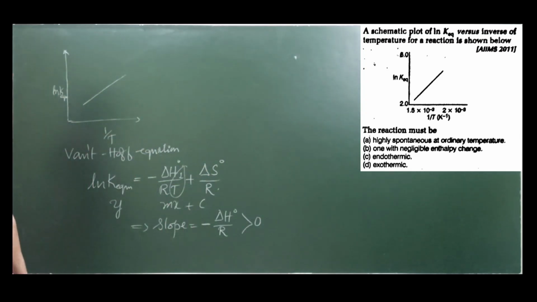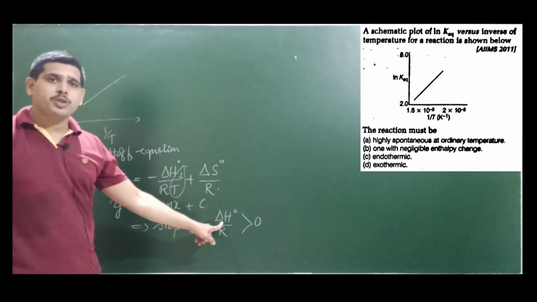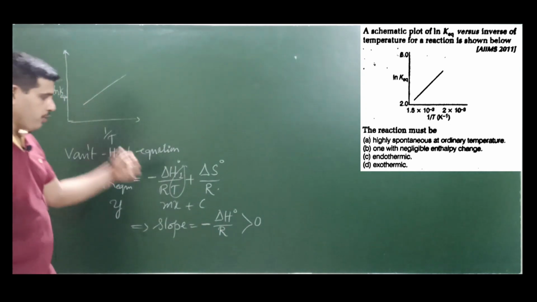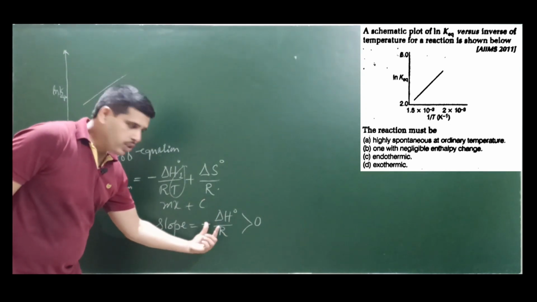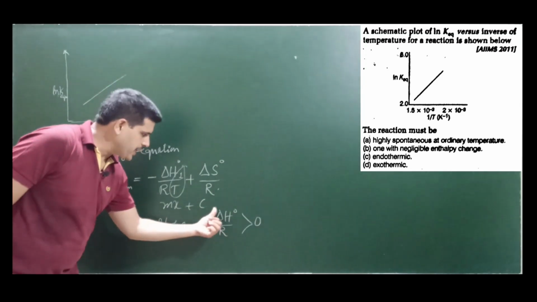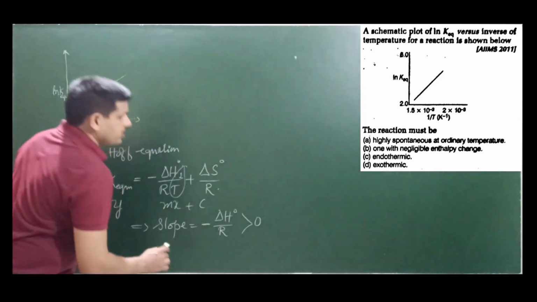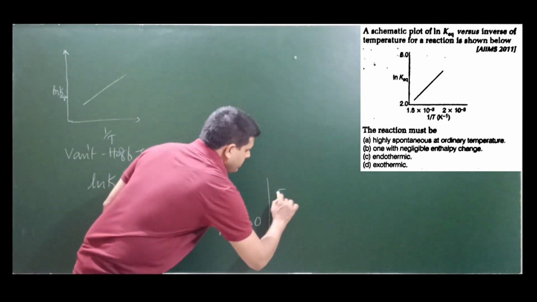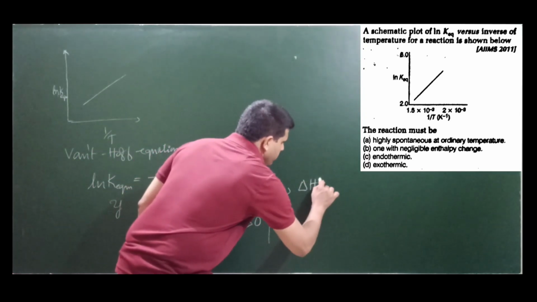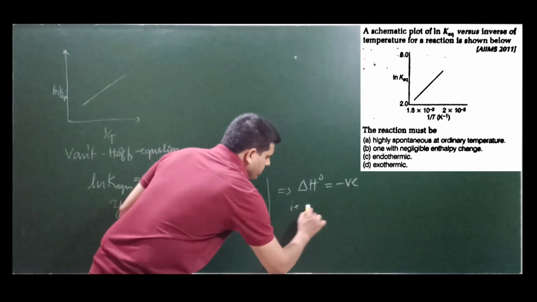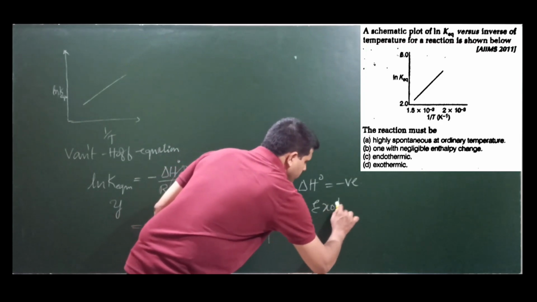So therefore delta H naught should be negative. Do you agree? Because otherwise the slope can't be positive. If you want to have a slope as positive, it means the delta H value has to be negative. So negative of negative will be positive. Therefore this implies that delta H naught should be negative, that is an exothermic reaction.